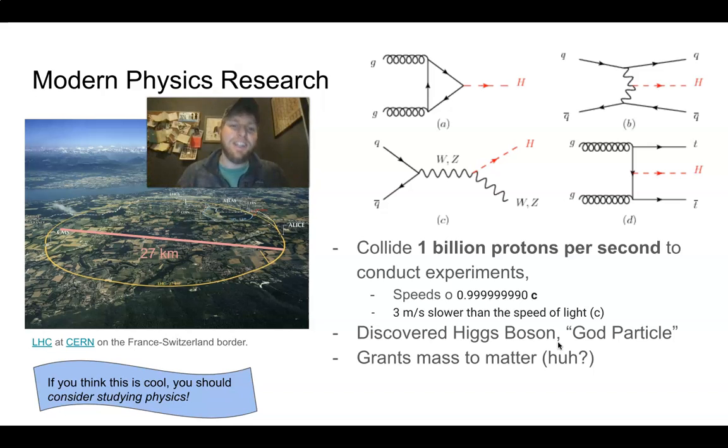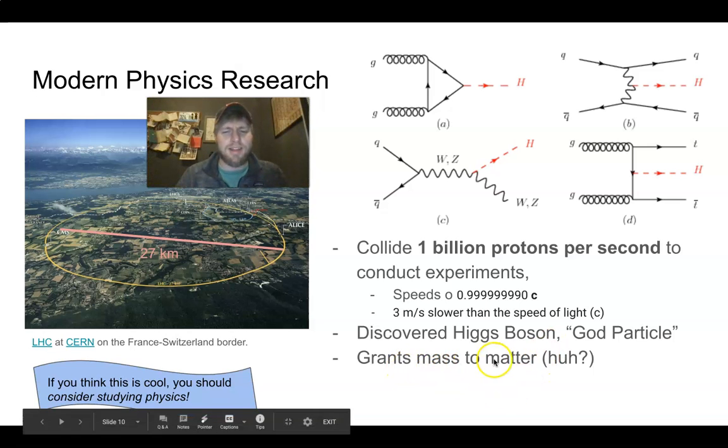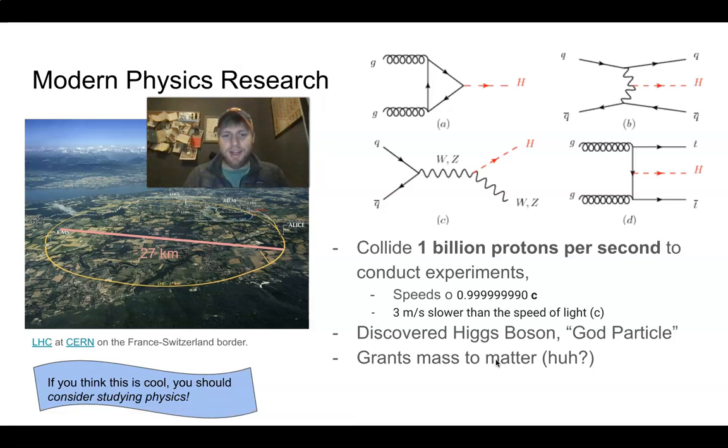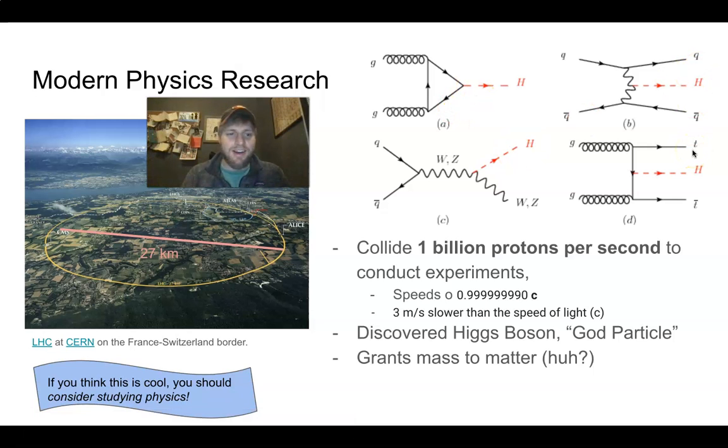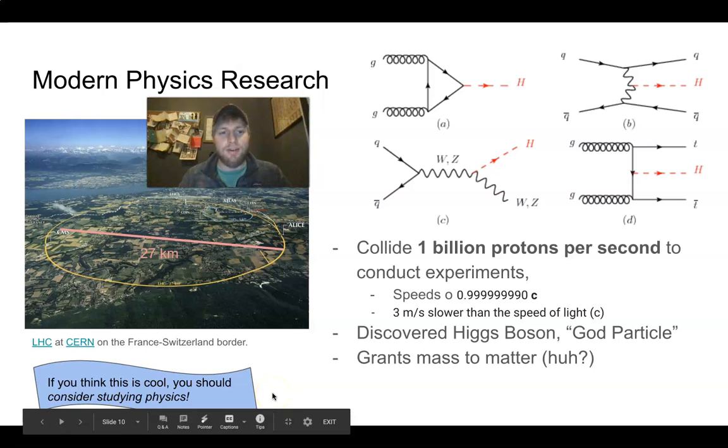Again, confusingly here, it actually grants mass to matter. So we have matter and we exist because of this thing called the Higgs field and the Higgs boson. These things in red here in our Feynman diagrams are a consequence of the Higgs field existing. It's all very important to physicists and our understanding of the modern world.